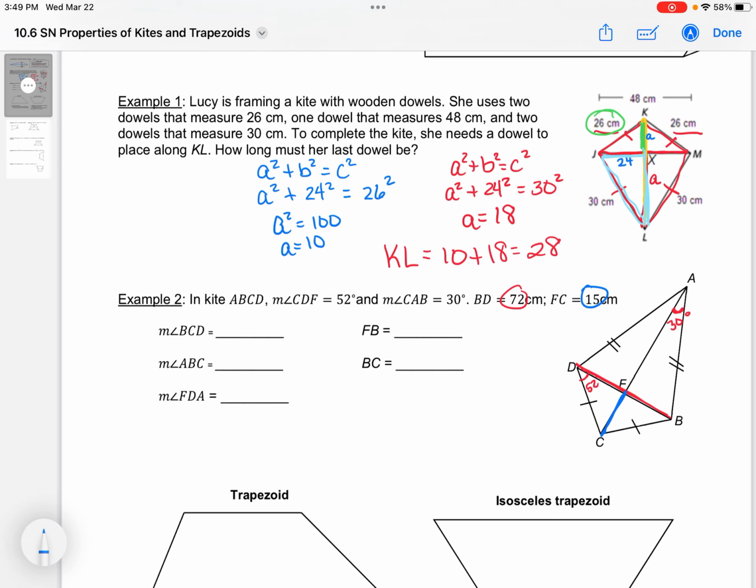Okay. So if CDF is 52, that means FDA is also 52. And this is 52. Then ABC is going to be 52 plus 52, which is 104. So ABC is 104.